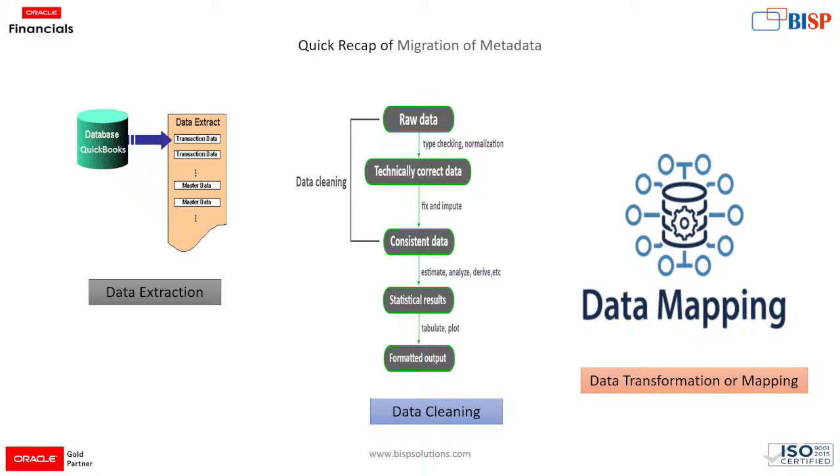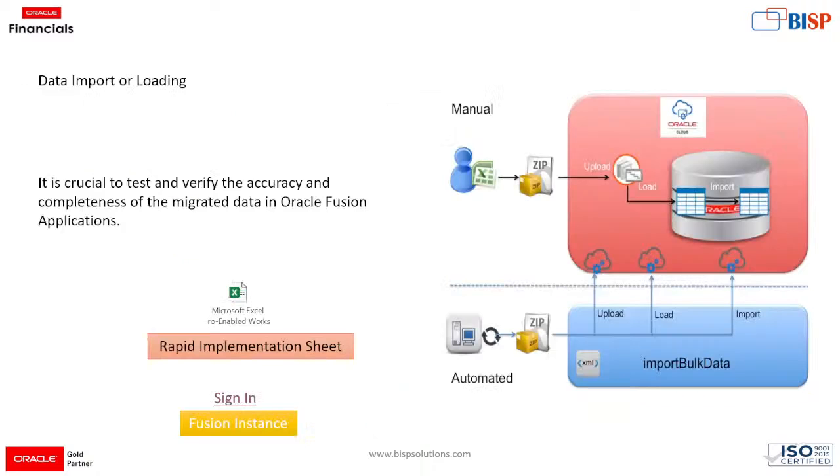Continuing with the process, that is data import and loading. It is crucial to test and verify the accuracy and completeness of migrated data in the Oracle Fusion application. So let's continue with the rapid implementation sheet.